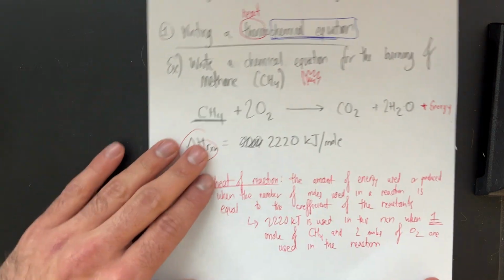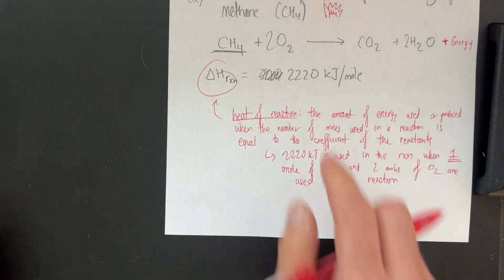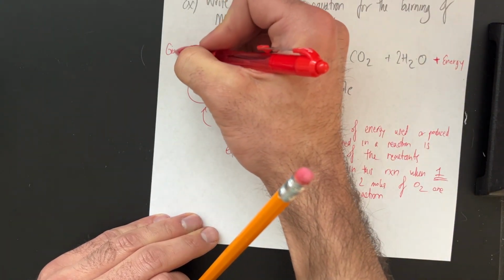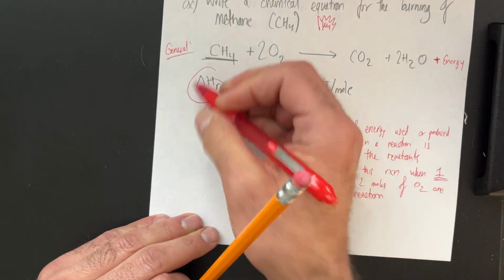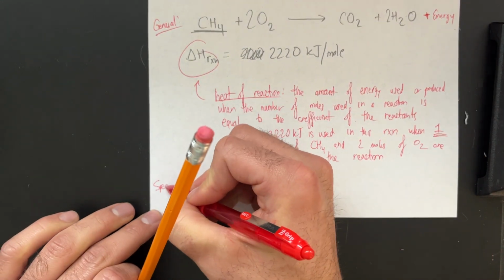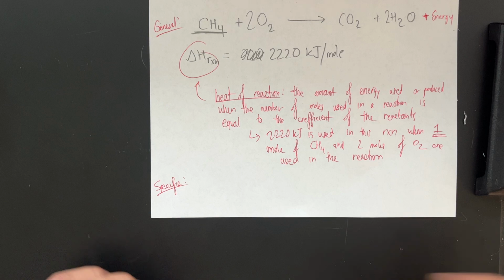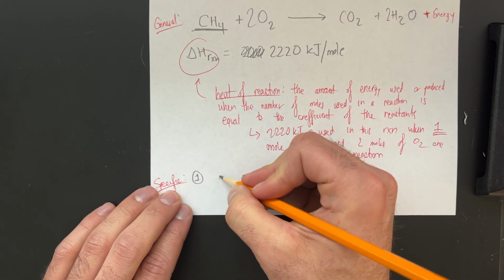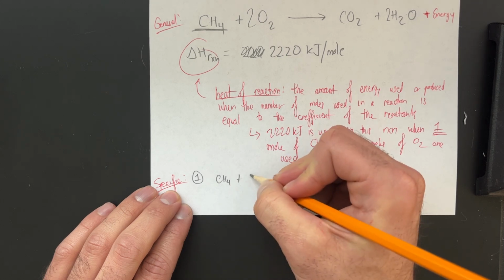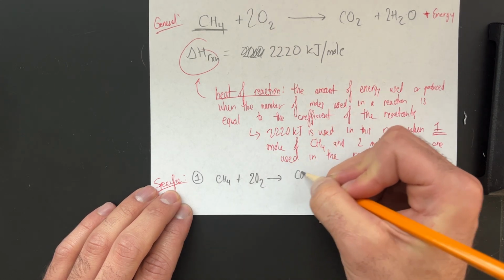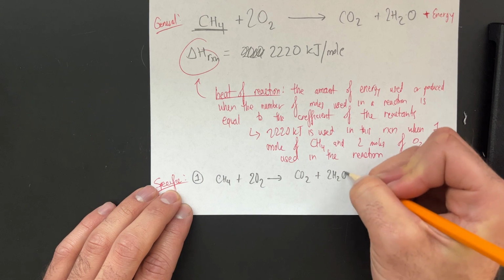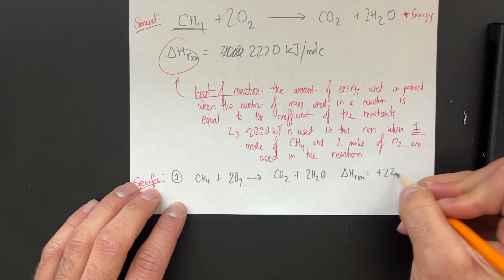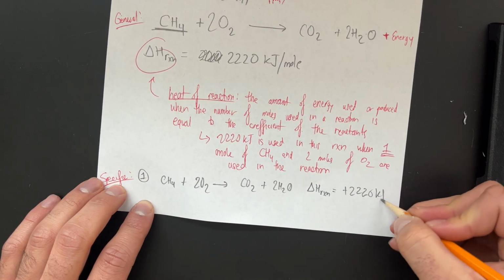And so there are actually 2 ways that we could write this specifically. This is kind of our general form, but if we want to be more specific, there are two ways. You could write it like this: CH4 plus 2O2 yields CO2 plus 2H2O, and the heat of the reaction is positive 2220 kilojoules per mole.